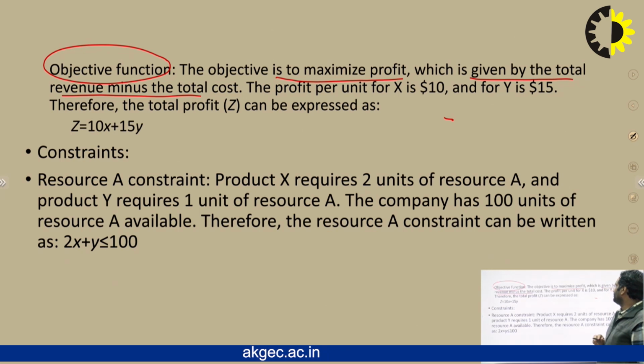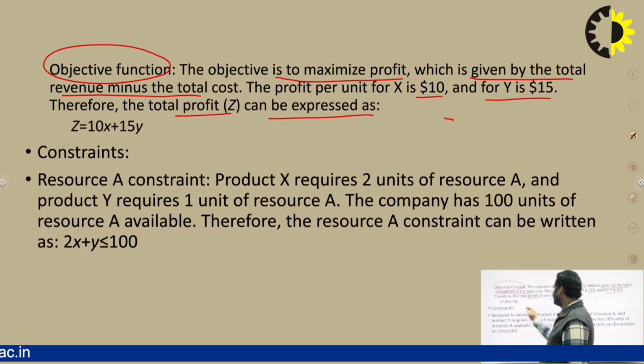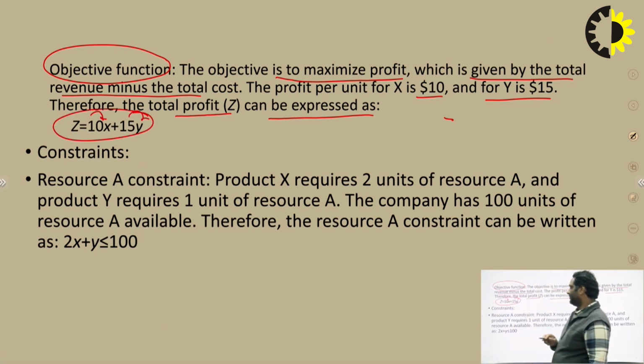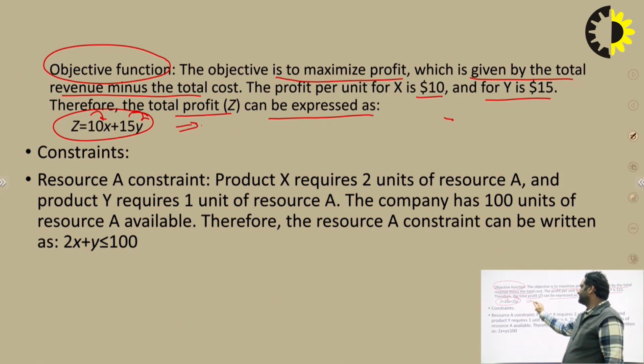The profit per unit for X is $10 and for Y is $15. This is mentioned in our problem. Therefore, the total profit Z can be expressed as 10 units of X plus 15 units of Y. So this is our entire profit Z. This is the objective function, the second thing that we need to find.